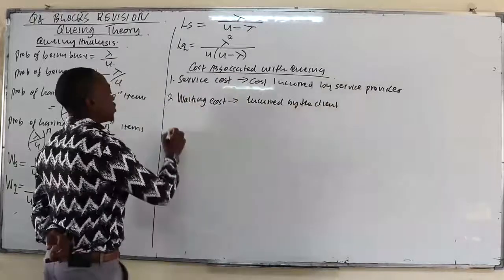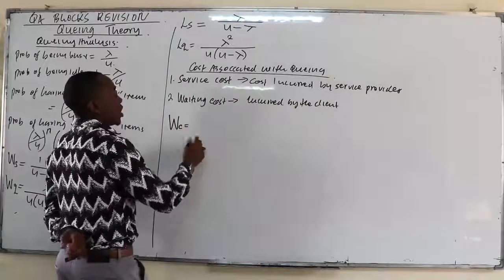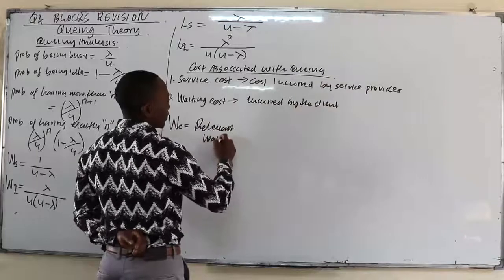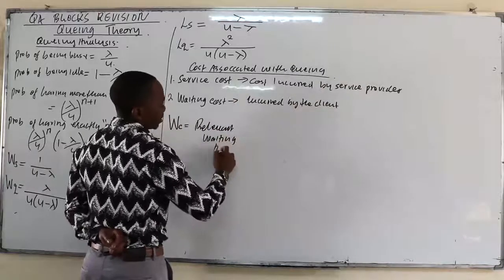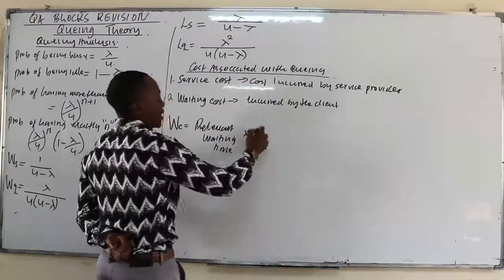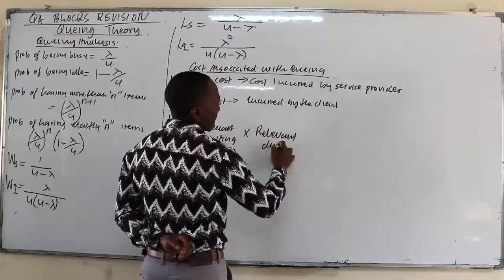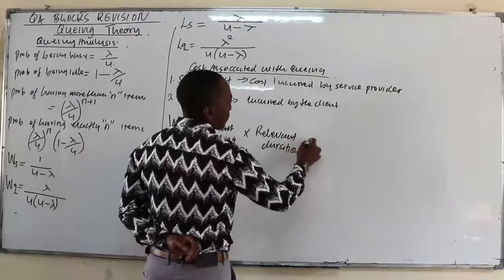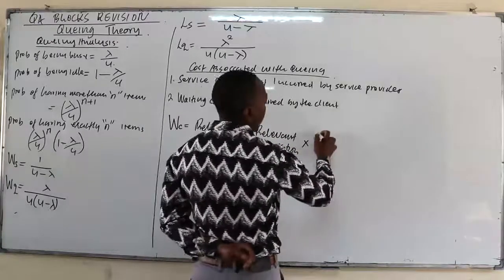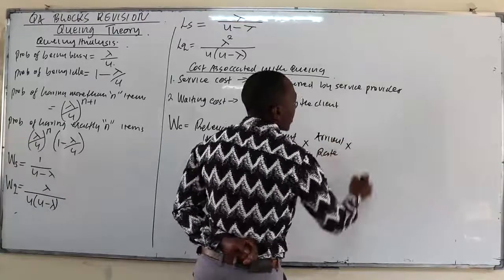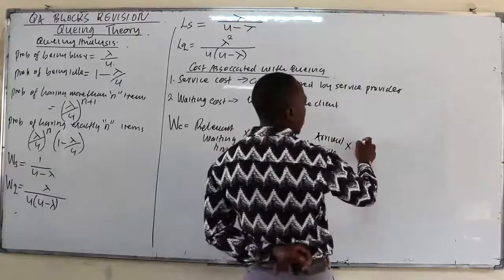To get the waiting cost, you take the relevant waiting time, multiply by the relevant duration, multiply by the arrival rate, and multiply by the lost goodwill or opportunity cost.